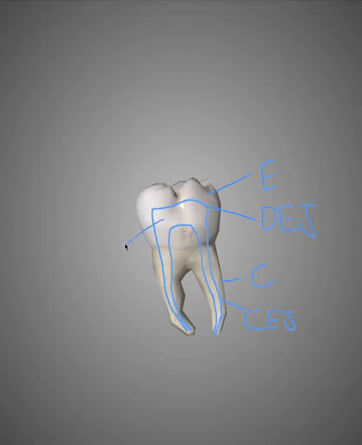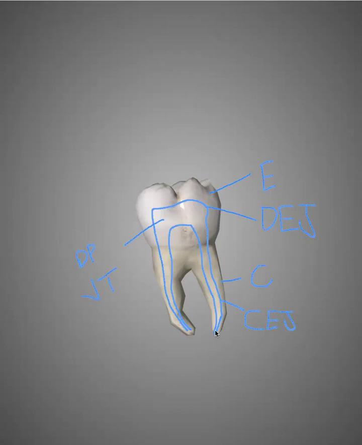This part here is called the dental pulp. What is it filled with? Vascular tissue, which helps provide nutrients and takes away waste.